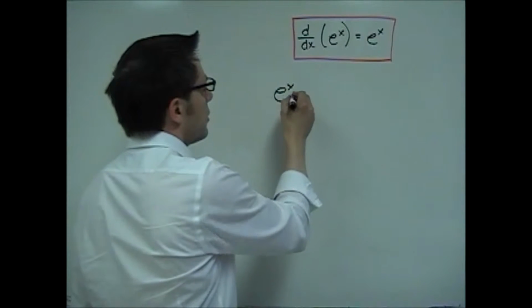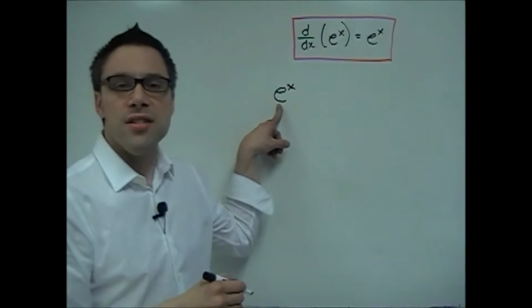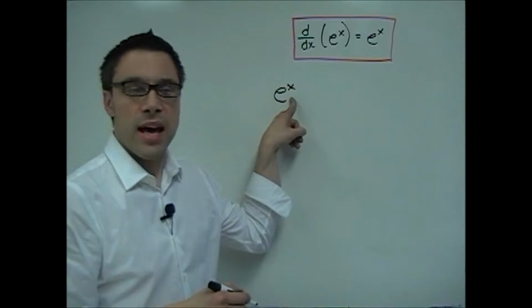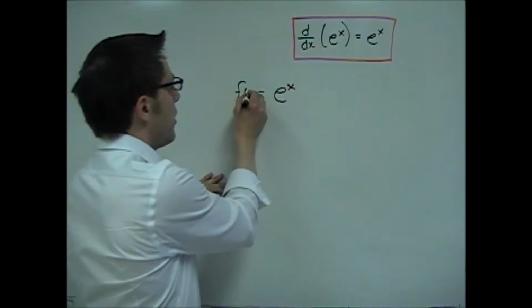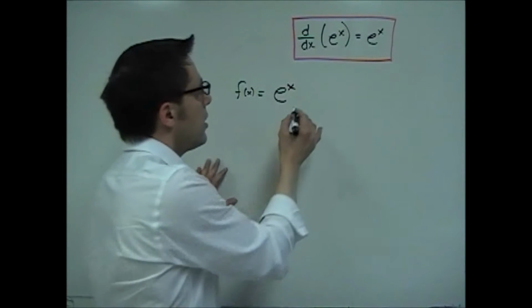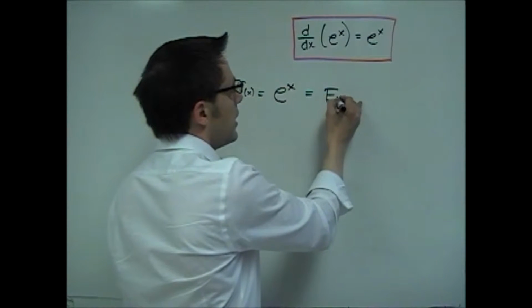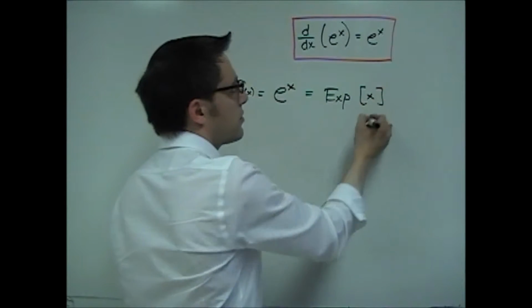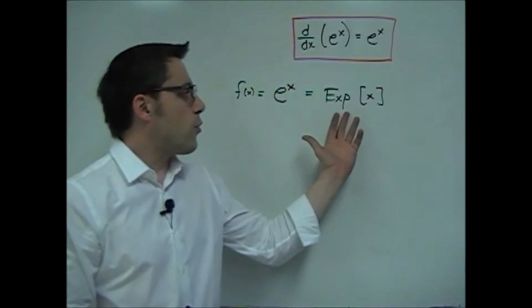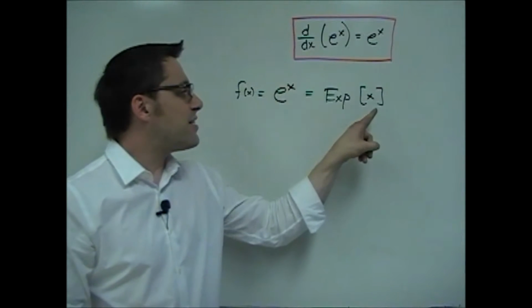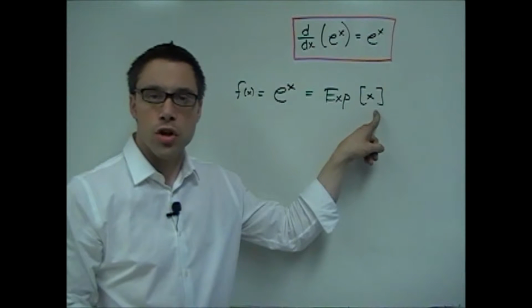In particular, think about it this way. E to the x, well, the base is e, and the input is x, right? If I write this as f of x, function notation, another way to write this would be something like exp of x. This is just another way of expressing the fact that x is really the input of this function.